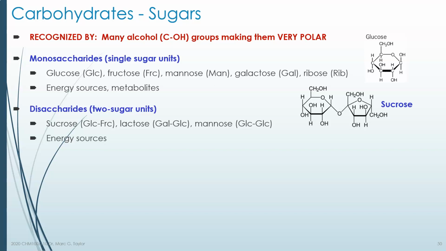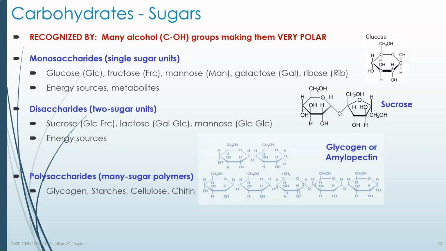I just want you to understand the examples and how you can recognize them by looking at a structure. So you're looking for these OHs all over on the carbons, and they tend to form rings very frequently. They are very useful as energy sources, either as immediate energy source or for storage.